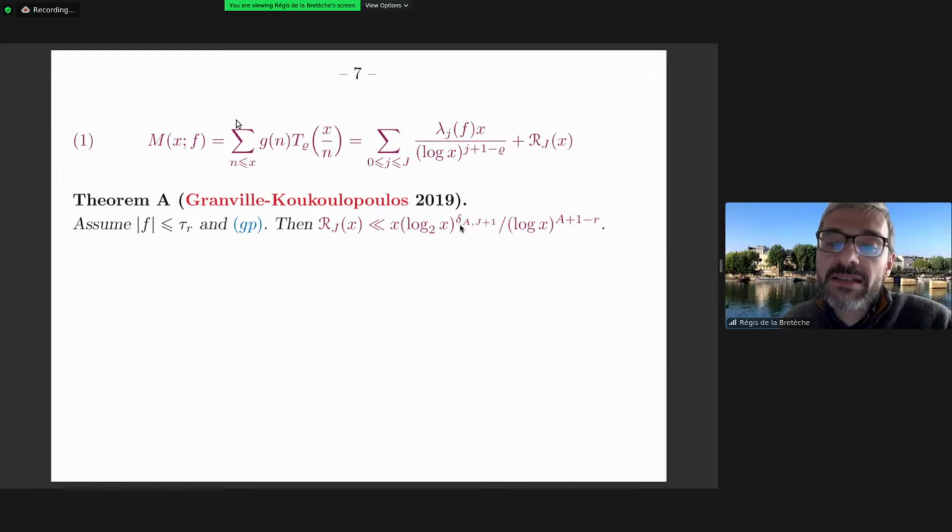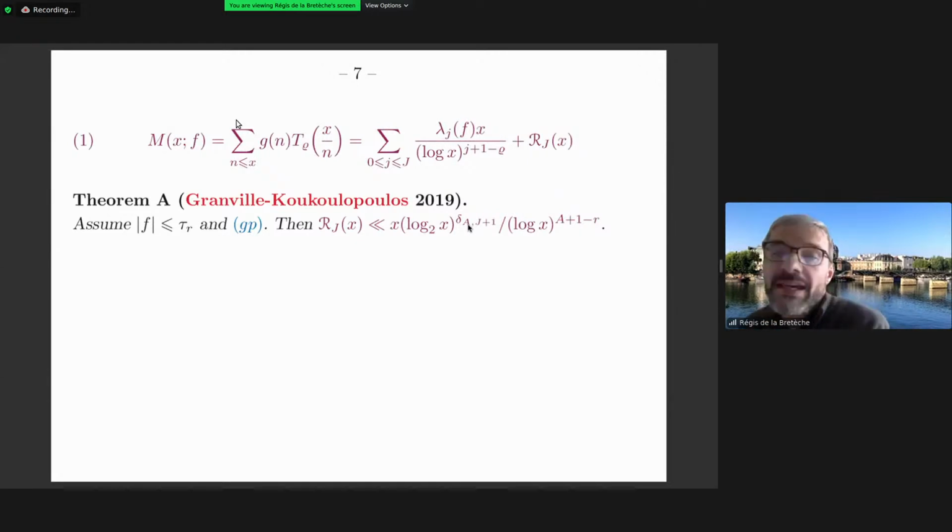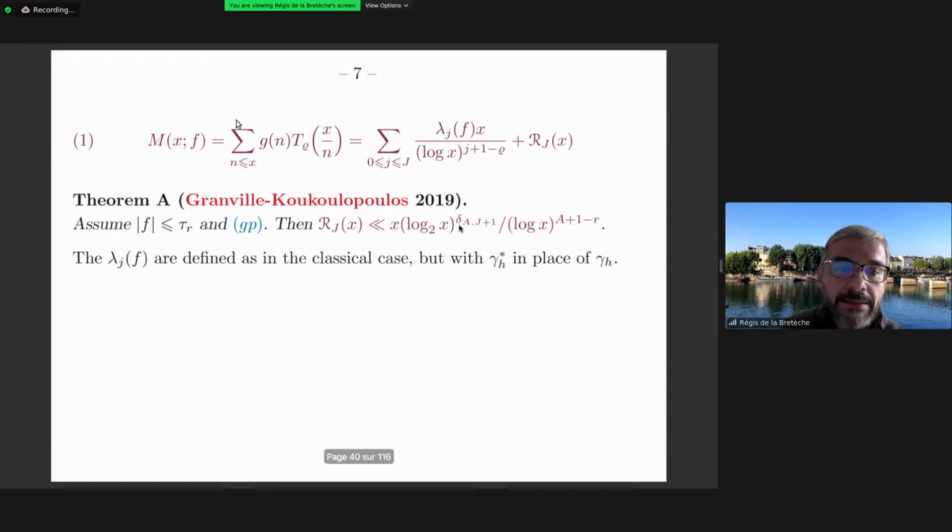So delta is a Kronecker symbol. So this means that it is 0 unless A equals j plus 1.